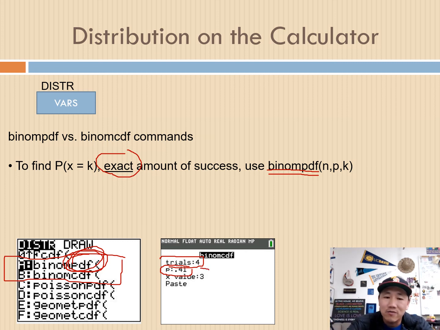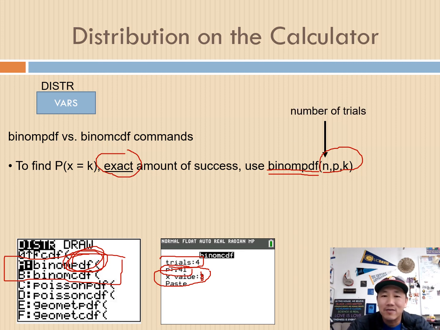And then it'll ask you for the X. How many of those players do you want to be successful? I think in this case it was 9, not 3. This was just a generic picture that I stole off the internet. Once you paste it, it'll put in the numbers right here, and then it'll tell you the answer. It's pretty nice, huh?